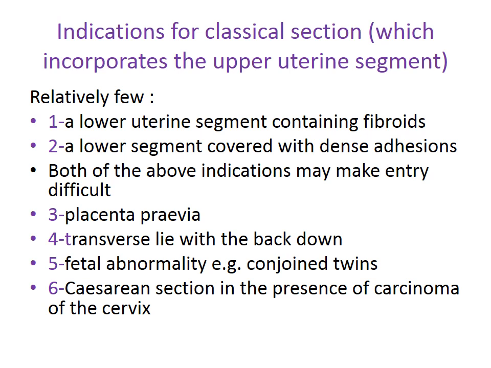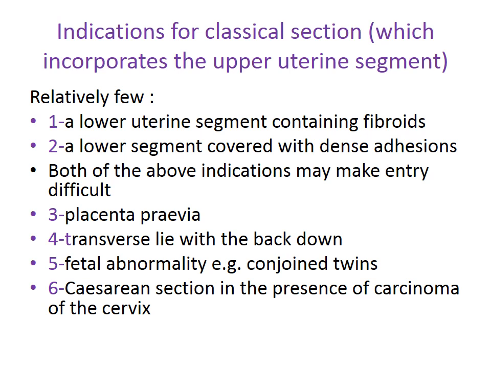The third indication of a classical Caesarean section is when there is a placenta previa, especially when it is covering the lower segment or when it is anteriorly located, or when it is of grade 3 or 4, that is to say major placenta previa, or in the presence of a transverse lie, especially when the back is inferior.